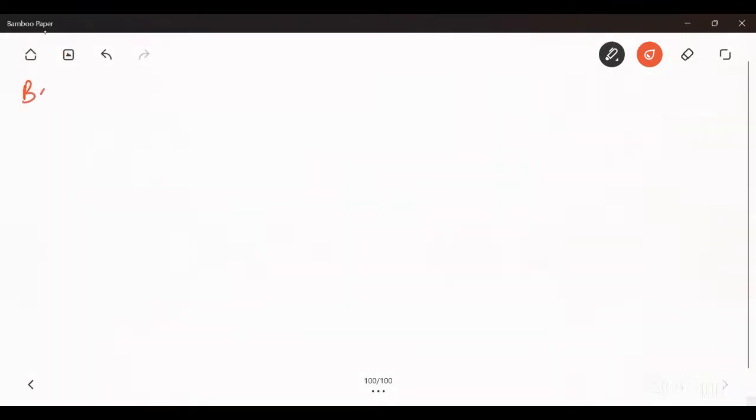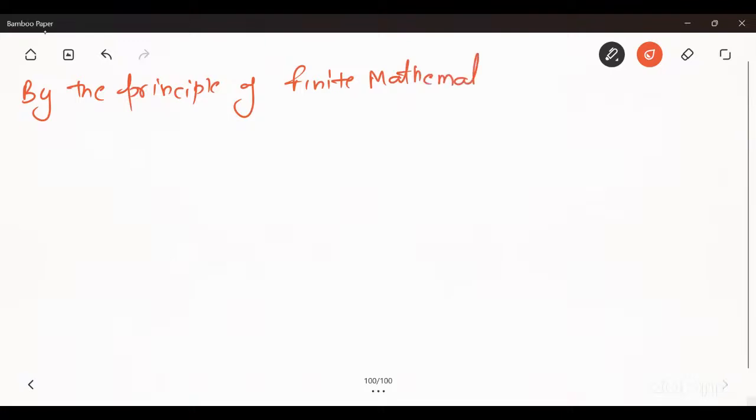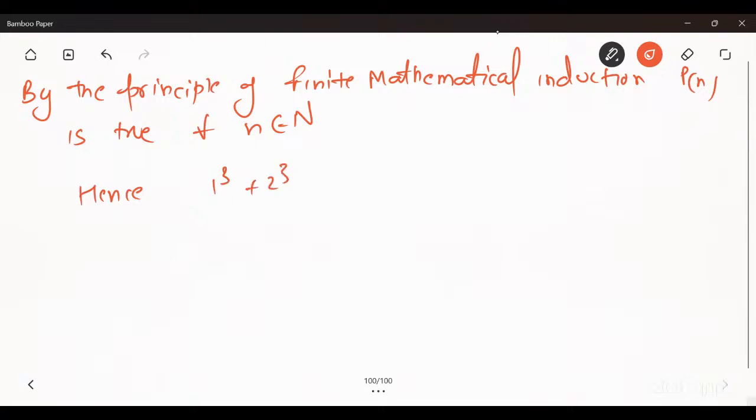So by the principle of finite mathematical induction, Pn is true for all n belongs to N. Hence 1 cube plus 2 cube plus 3 cube plus dot dot dot n cube is equal to n square into n plus 1 whole square by 4 for all n belongs to N is true.